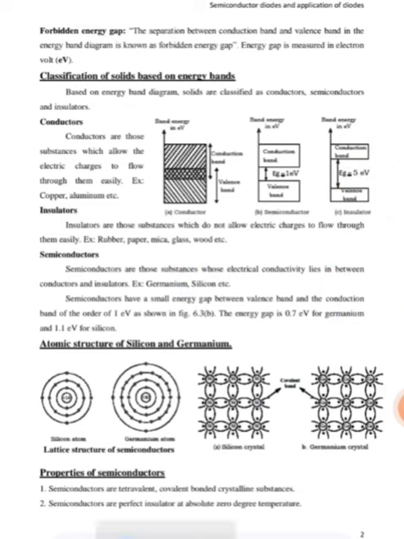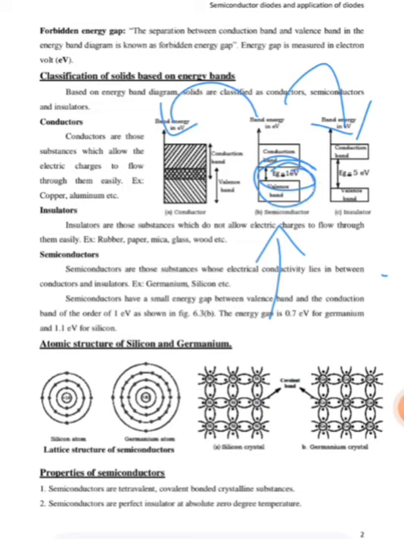Coming to a semiconductor, the forbidden energy gap between the valence band and the conduction band is just 1 electron volt, because in a conductor there is no energy gap, whereas in an insulator there is a large energy gap of 5 electron volt. I already told you that in a semiconductor the conductivity lies between that of a conductor as well as an insulator.